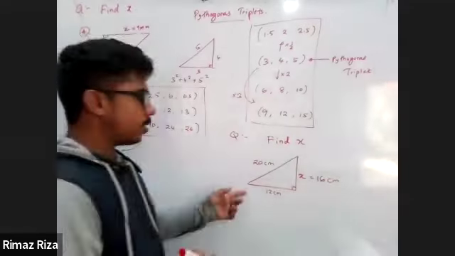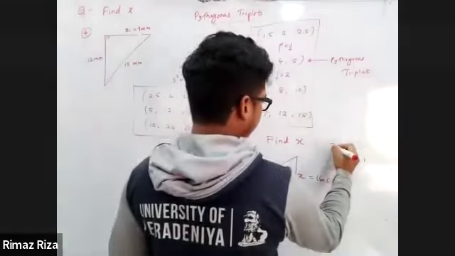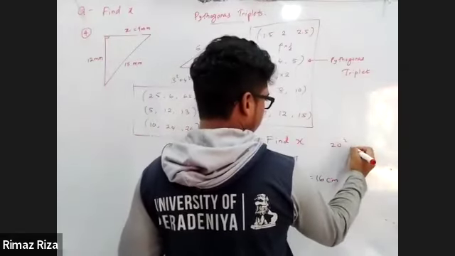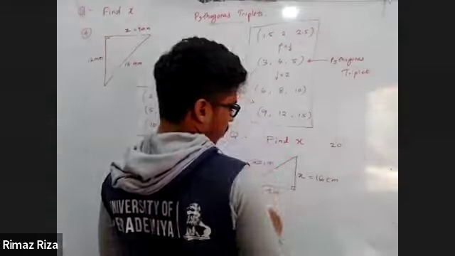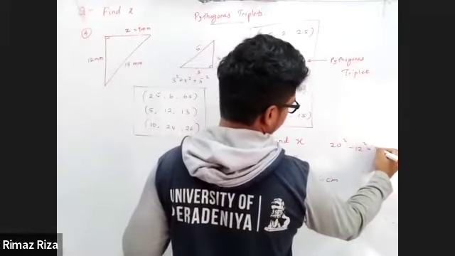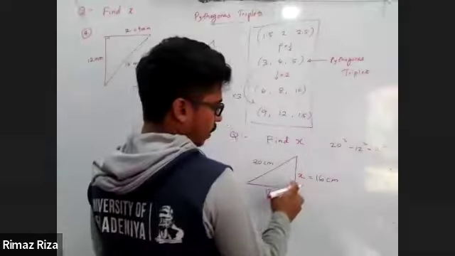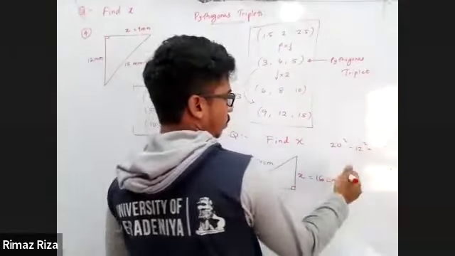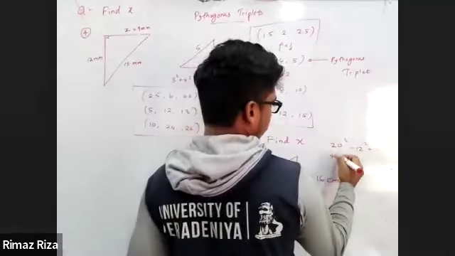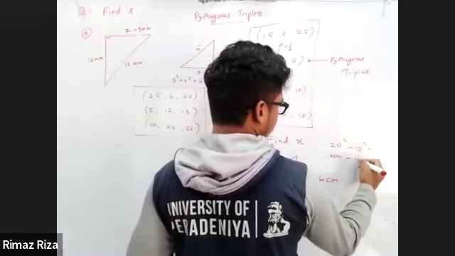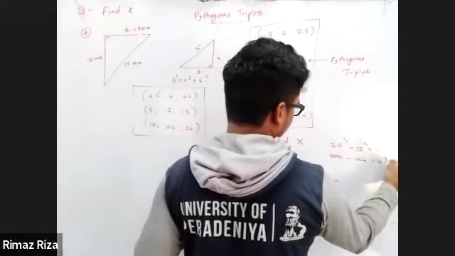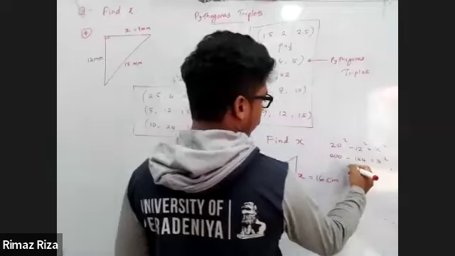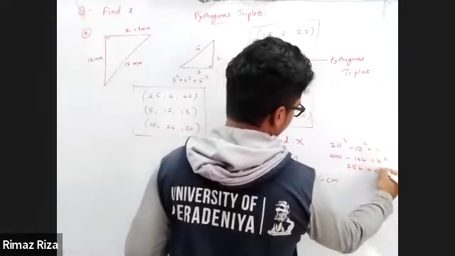Understood? You can always write and see: x squared plus 12 squared is 20 squared, so 20 squared minus 12 squared is equal to x squared. 20 squared is 400, minus 12 squared is 144, equals x squared. 400 minus 144 is 256, equals x squared.